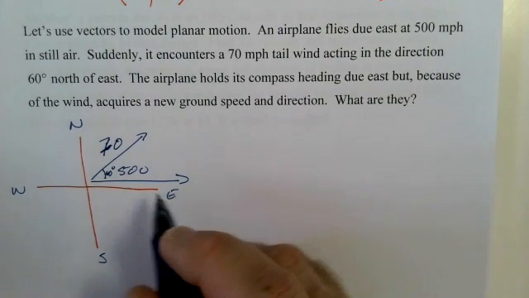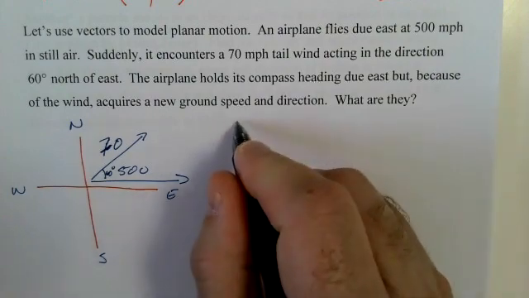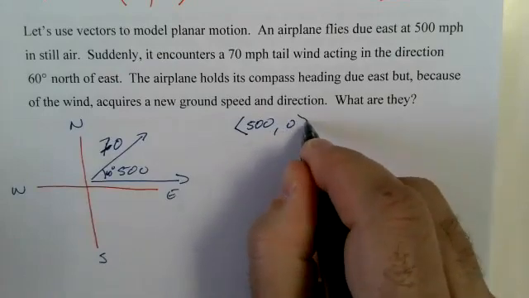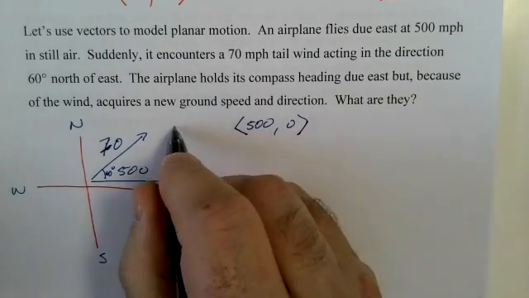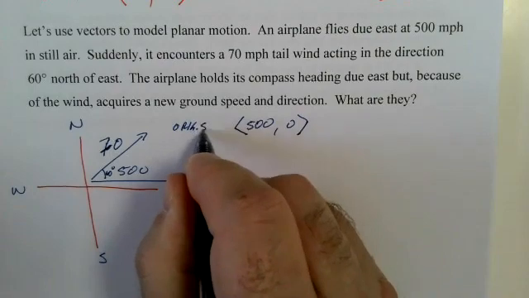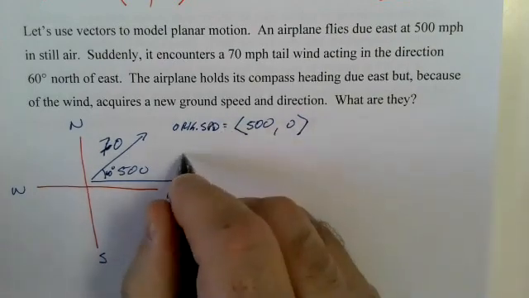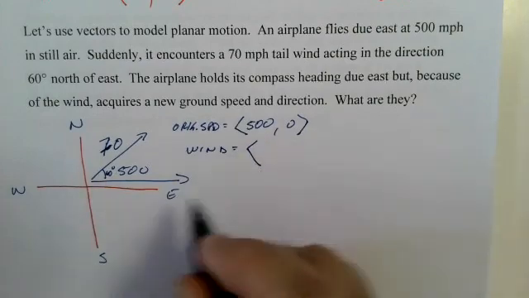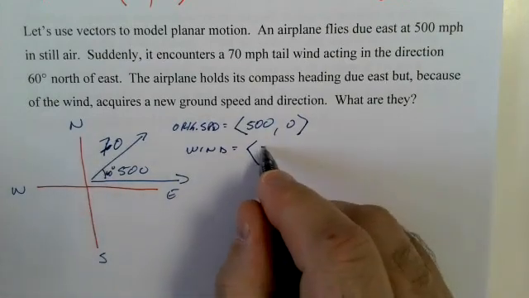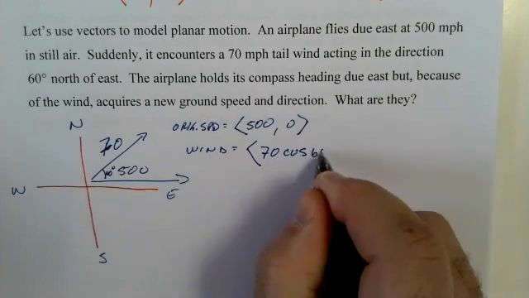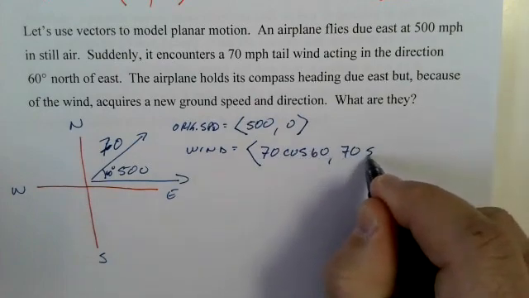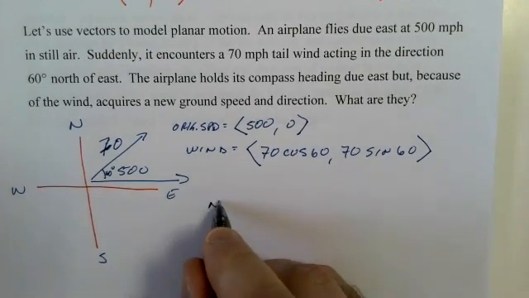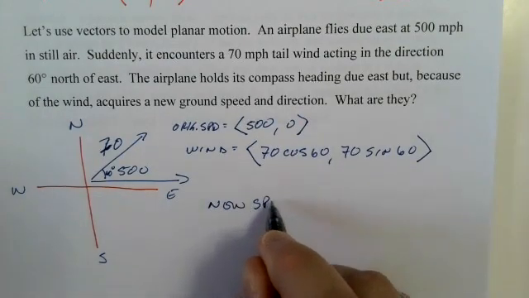Let's say this vector is 500 in the x, comma 0. I'll call it original speed. The wind, we break it into x's and y's: 70 cosine of 60, 70 sine of 60. All right, new speed.